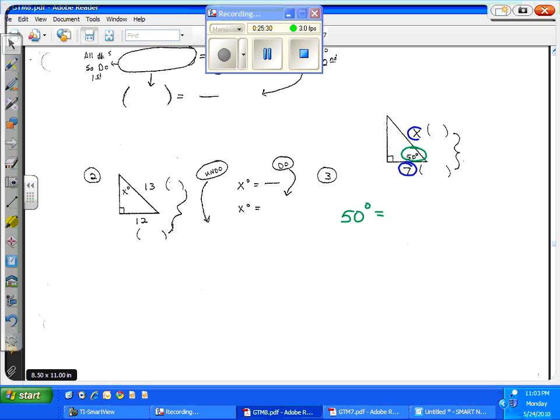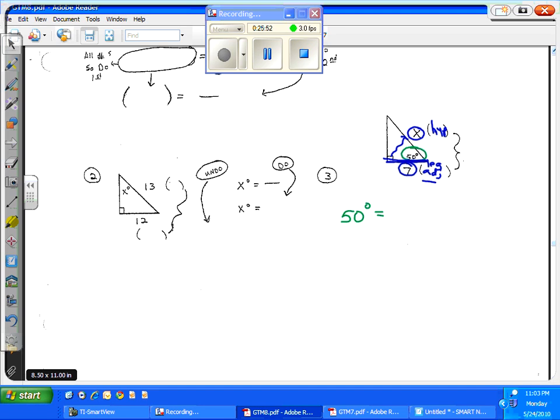What do we do next? We look at the sides given, see how they're related to the angle that we chose. The x is opposite the right angle, therefore it's the hypotenuse. The 7 is a leg. What is it in relationship to the 50? Well, it's one of the sides of the 50, so it's the leg adjacent to the 50.